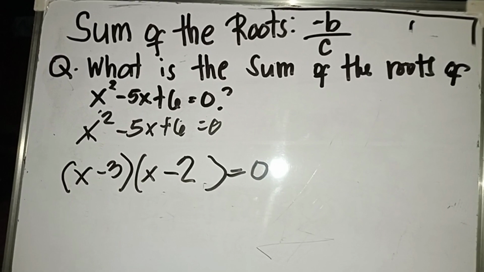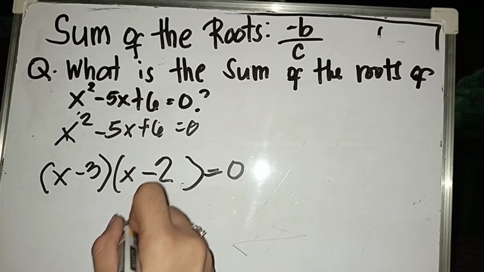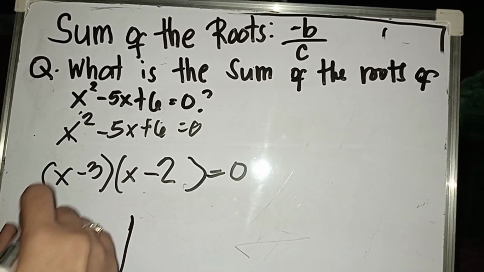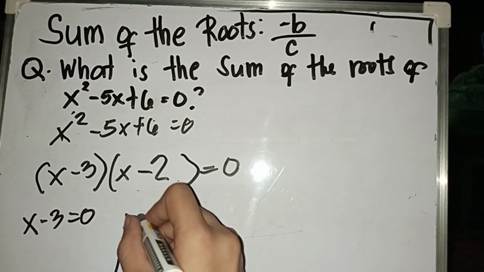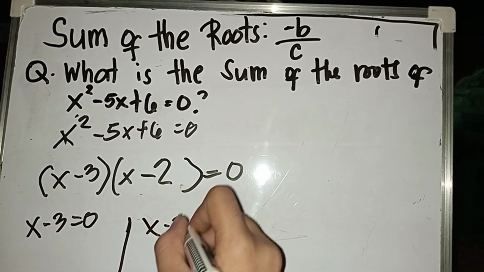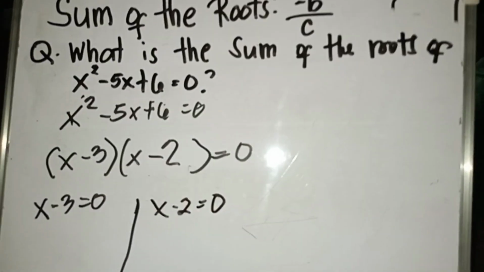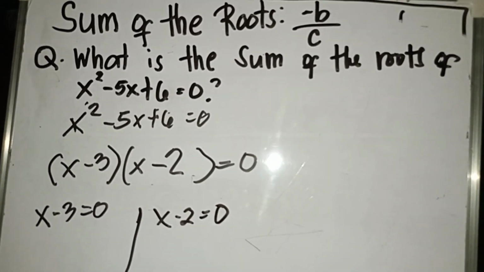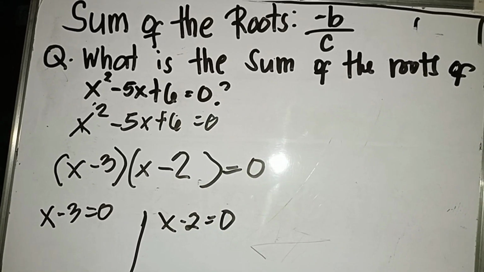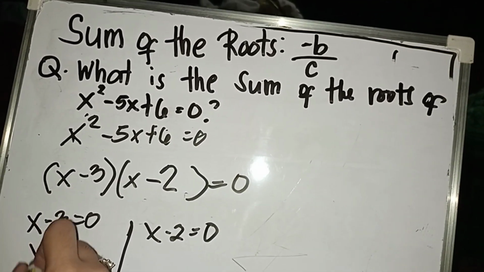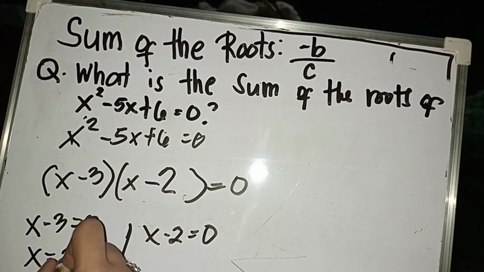You have here x minus 3 is equal to 0, and on the other side, x minus 2 is equal to 0. So after this, for you to solve x, x is equal to 3.